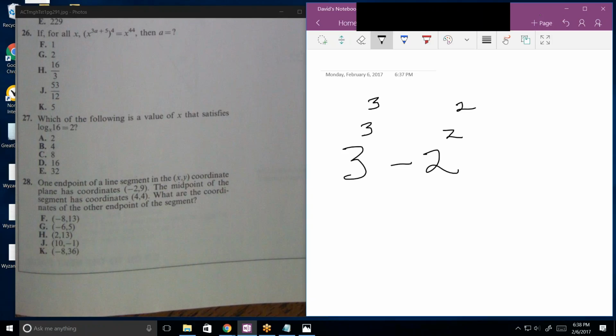No parentheses. What do you do when there's no parentheses? In other words, if it was this, then I would multiply 3 times 3, the exponents, right? But there's no parentheses. When there's no parentheses, you work from the top down.